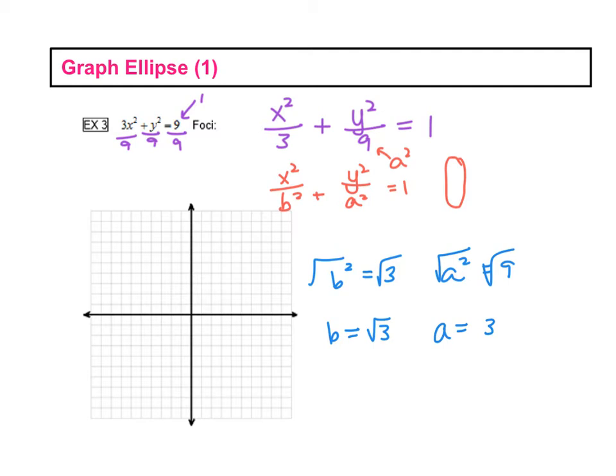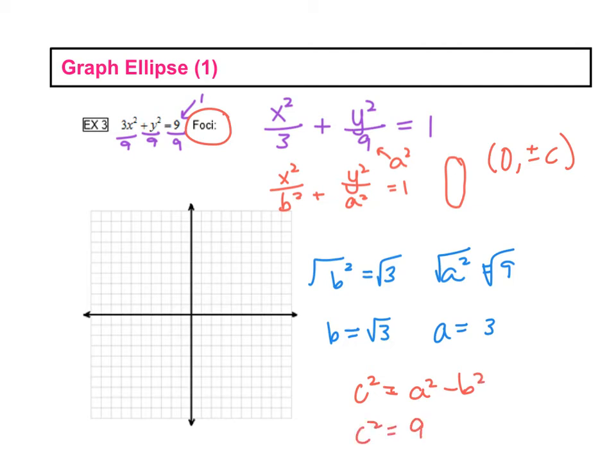So remember, we need the a and the b values so that we can find our foci. So the foci for an ellipse that's vertical is going to be 0 and then plus or minus c, those ordered pairs. So we need to figure out what c is. We know that c squared is equal to a squared minus b squared, so we just plug that in.